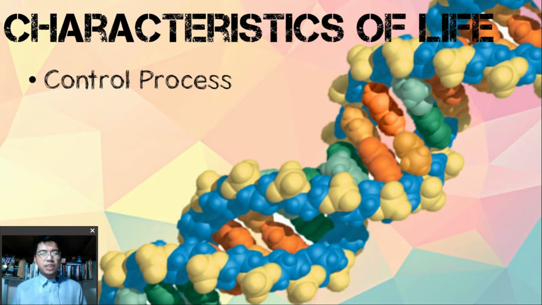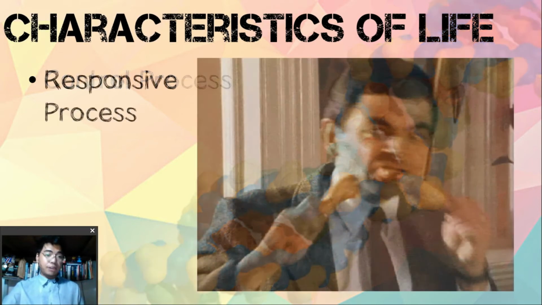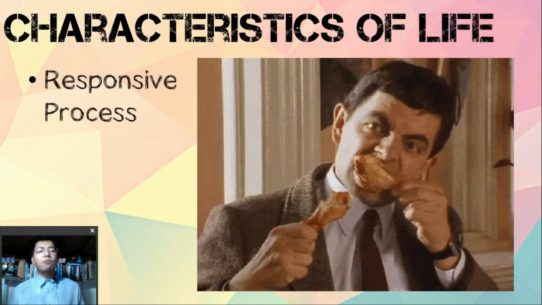These control processes are dictated by our hereditary program, also known as the nucleic acids, either DNA or RNA. Other than the control process that is based on the definition, this hereditary program is responsible for defining and directing molecular mechanisms that actively extract matter and energy from the environment. And that is now the responsive process.